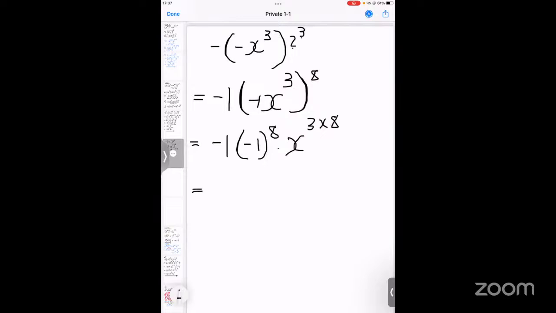That step, Langelihle, does it make sense, or did I lose you somewhere on that step? Makes sense. Okay. So we have our negative invisible 1 multiplied by, what will that be, Langelihle, when you punch it on your calculator?